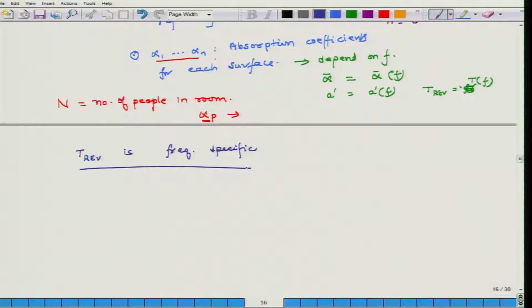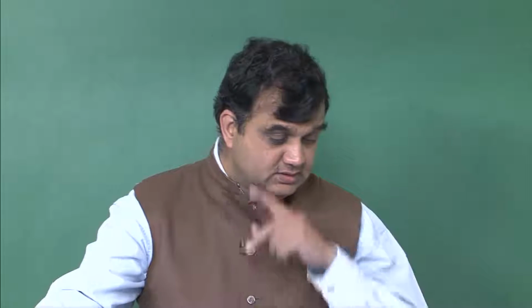Now, what I have explained to you is that if you have a room and you know all the materials in the room and its areas, you can compute its reverberation time using this method, and it gives you fairly good results. The next thing is, what do you do with this?